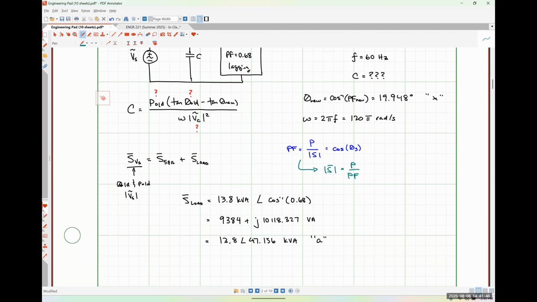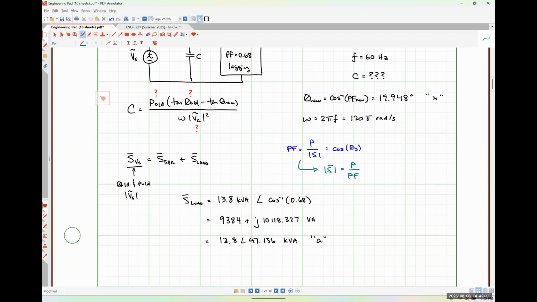That's one of the things I see students make the most mistakes on: not recognizing which type of power they were given, which is told to you completely by the units. Watts is for average power, volt amperes is for apparent power and complex power, and VARs is for reactive power.